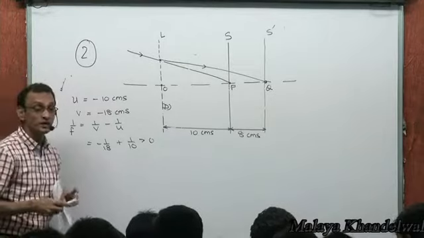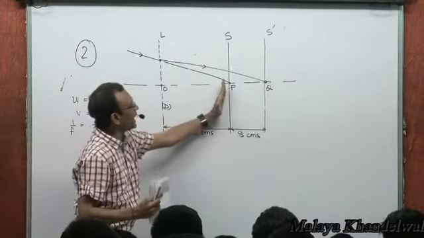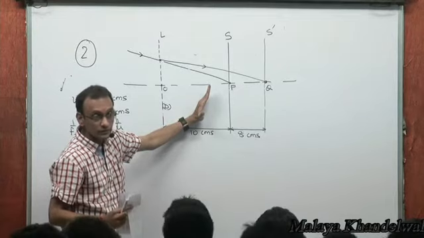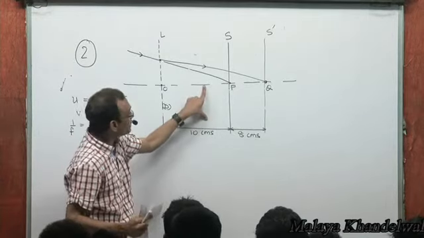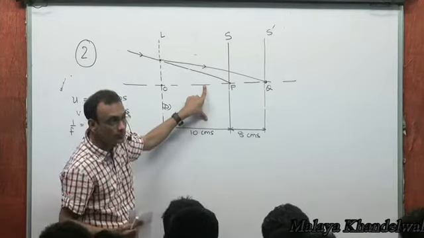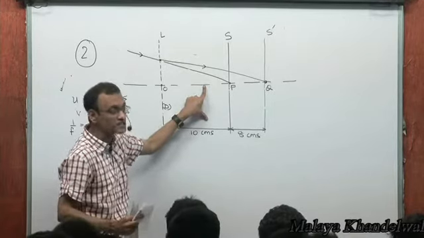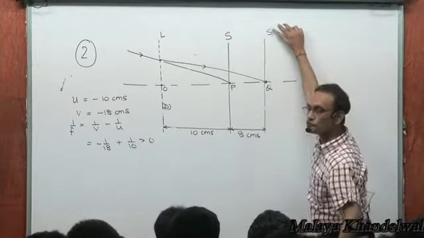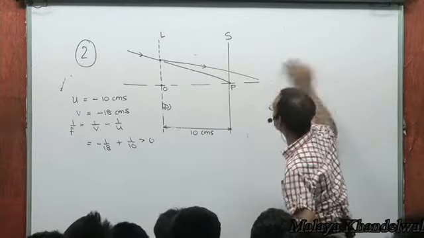Let me look at possibility 2, where the screen had to be moved leftwards by 8 centimeters, to get a final image to the left of P. Q would be to the left of P then. Right? That's a second possibility. Can I just wipe this portion off? Right? So case 2.